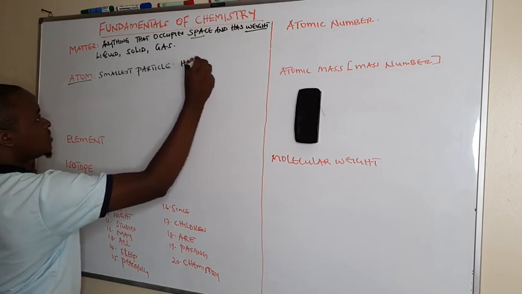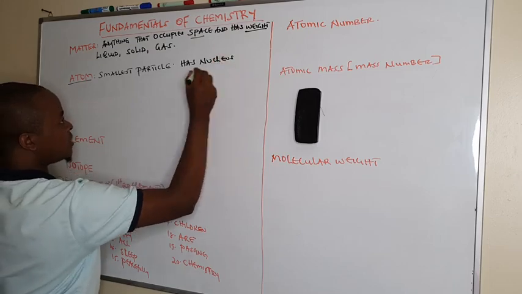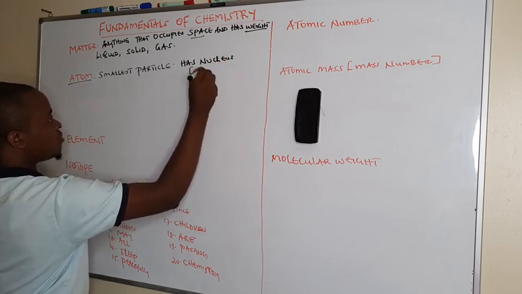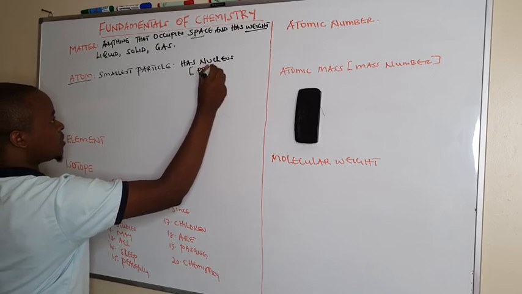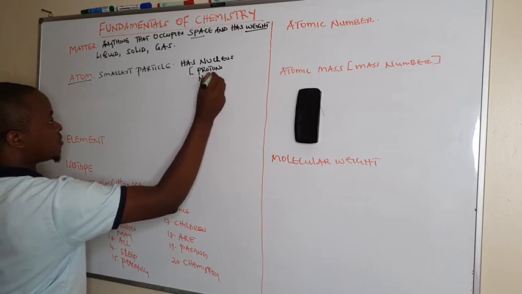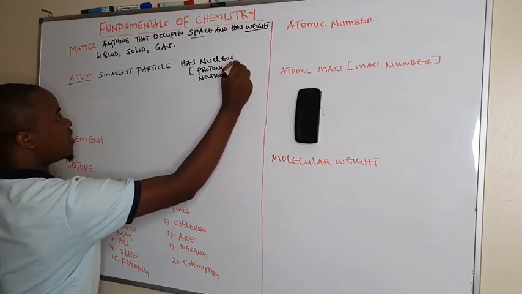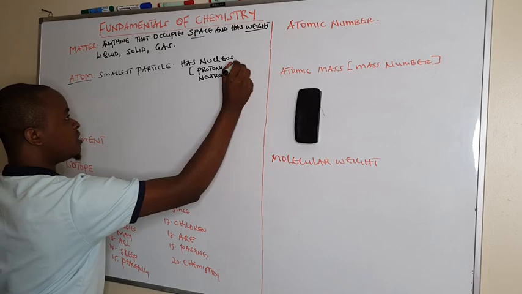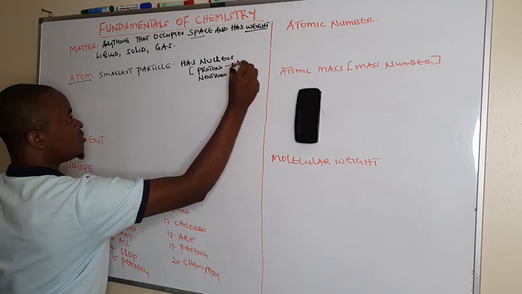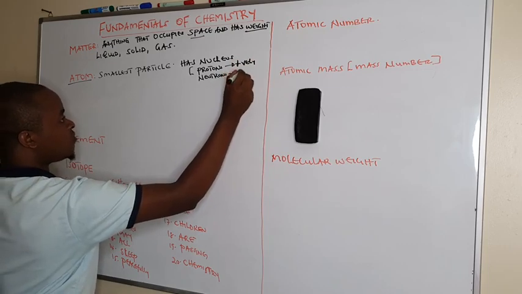An atom has a nucleus, and within its nucleus, it contains what we call protons and neutrons, whereby protons in the nucleus of an atom are positively charged, whereas neutrons have no charge.